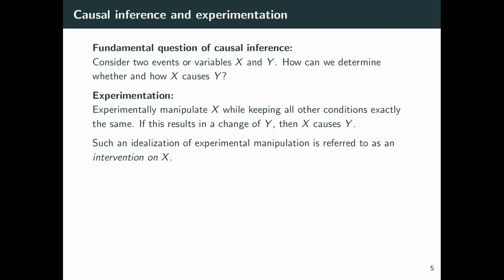But in many fields, and for the past centuries, since Galileo Galilei, experimentation has been the way forward to do this. You would manipulate X and keep all other conditions the same in a well-controlled experiment. And then if this results in a change of Y, you would say that X causes Y, quite intuitively. And in the notions developed here, this would be referred to as an intervention.